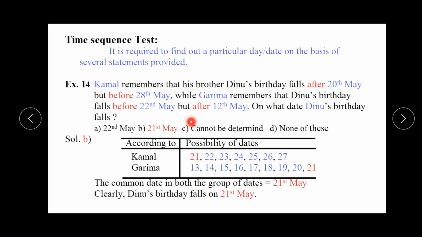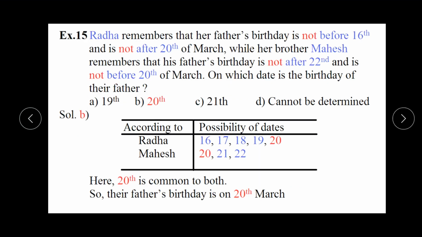Sometimes this statement can be given in different words, like Radha remembers that her father's birthday is not before 16th. Is not before 16. It means on 16 it can be. And is not after 20th of March.